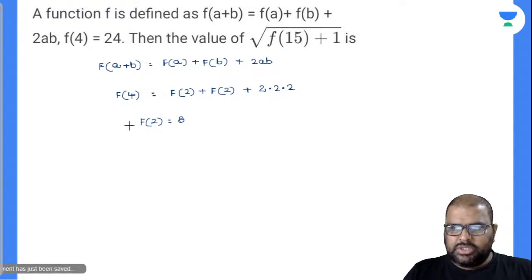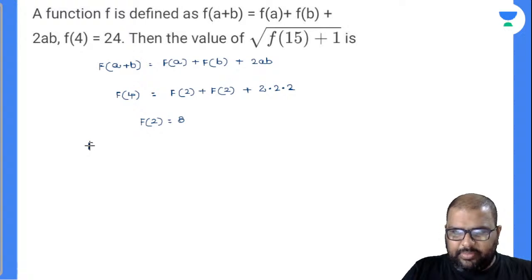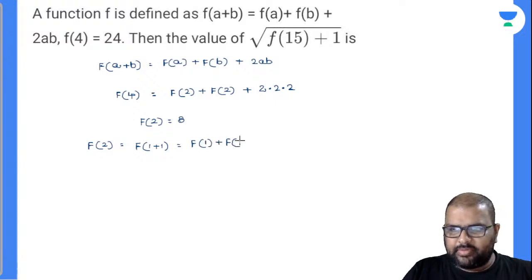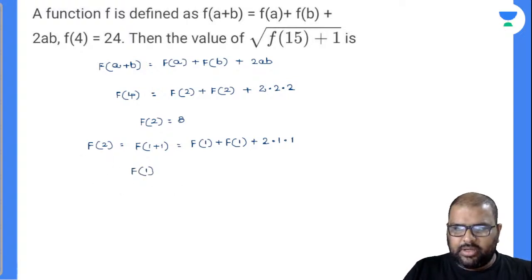So let's find f of 1. f of 2 is equal to f of 1 plus 1, which is f of 1 plus f of 1 plus 2 into 1 into 1. You know f of 2 is 8. 8 minus 2 is 6. So f of 1 will be 3. I know only this way. If there is any more sophisticated way, you can tell me in the comment section.